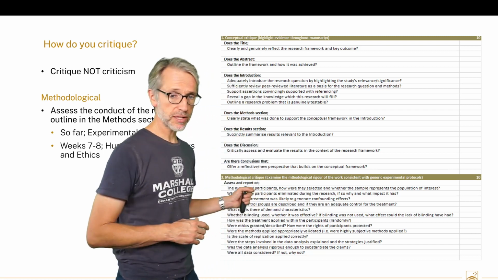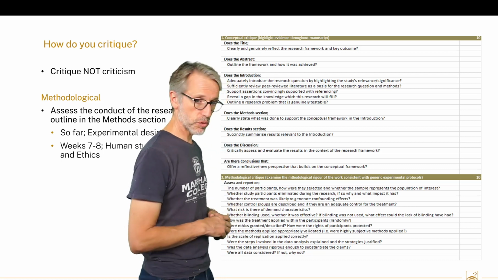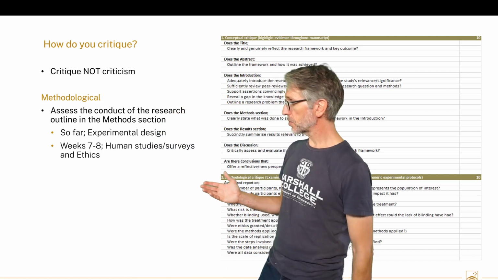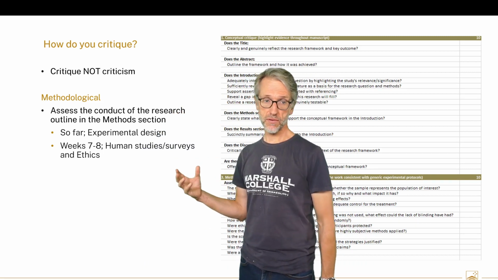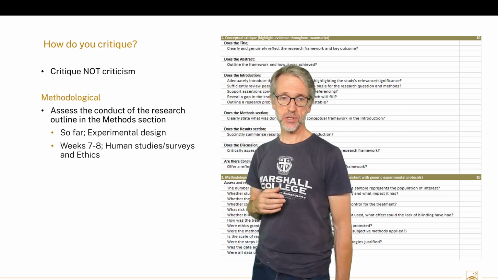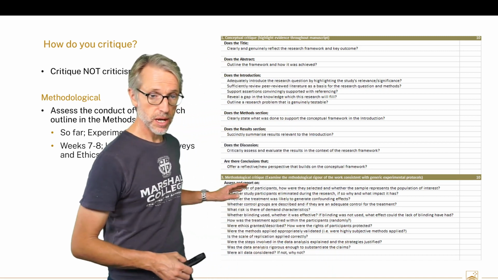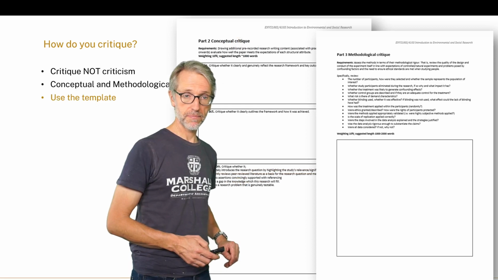You need to reflect on that associated with these components of the rubric. In weeks 7 and 8, there will be additional content focused on human studies and the construction of surveys, as well as some discussion around ethics. Those lectures will be key when it comes to answering additional components of this rubric.